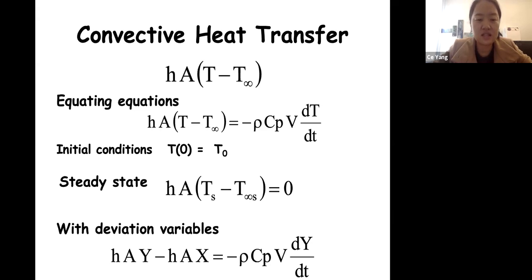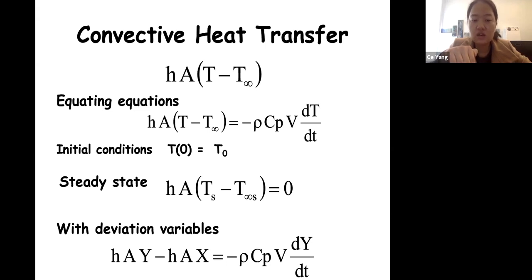And we need the initial condition T0 to be 0, although our initial condition is T at time 0 equals T0. In this case, we need to adjust this initial condition to be 0. To do this, we consider the steady state, which is hA times (Ts minus T infinity s) equals 0.